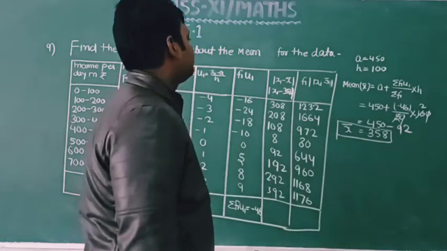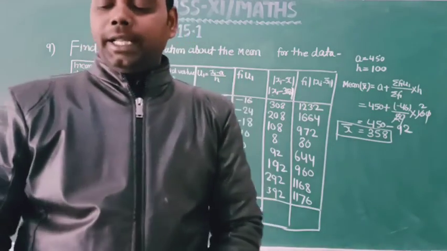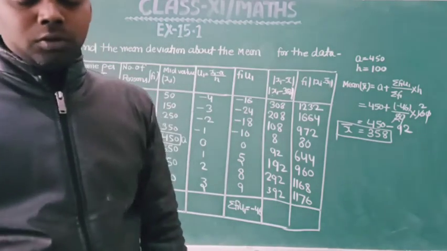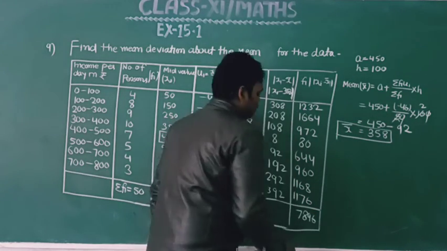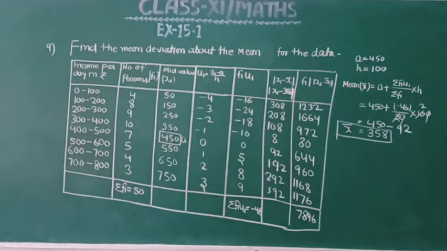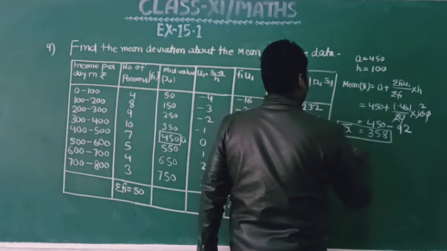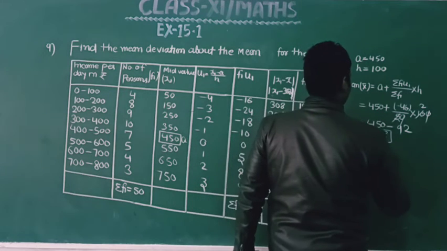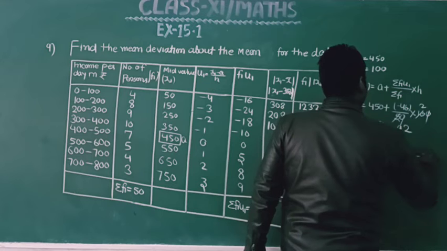Now find the sum. After adding all 8 terms, we get 7896. So the mean deviation about mean, MD of x bar, equals sigma fi mod xi minus x bar divided by sigma fi.